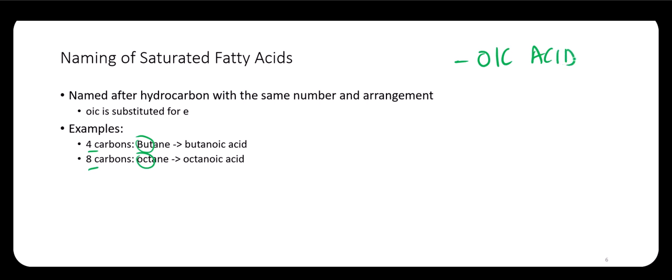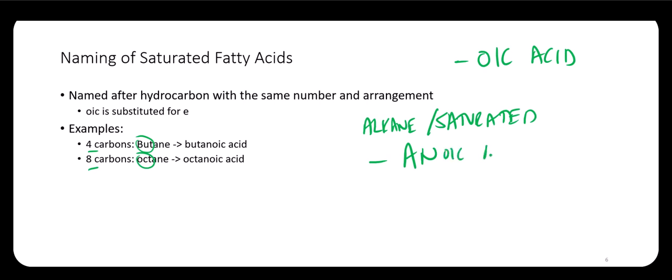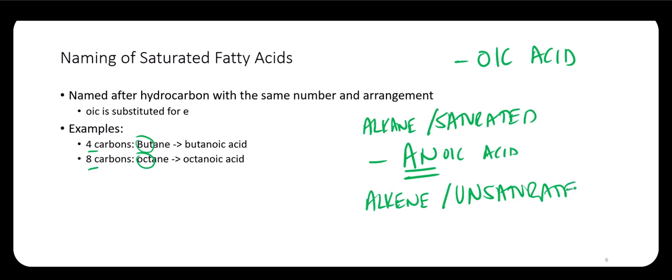If it's saturated, as in based on an alkane, it'll have the number of carbons and an oic acid. So the an for alkane. If it's based on an alkene, as in it's unsaturated, it's going to be a number of carbons and en oic acid.